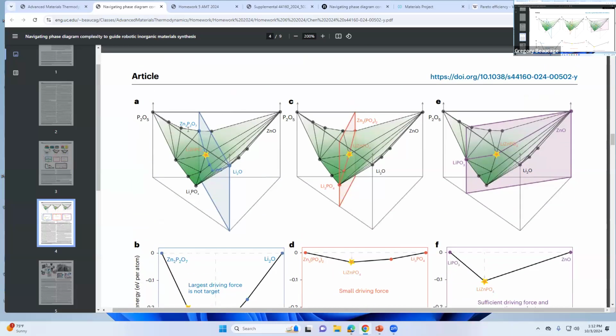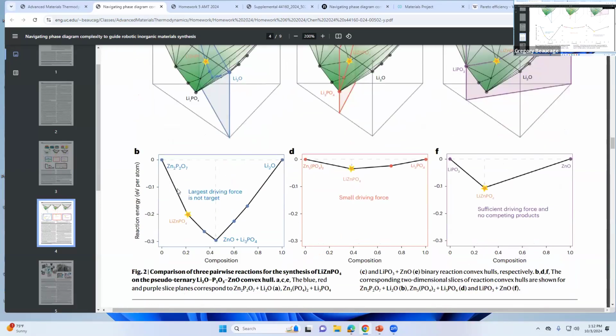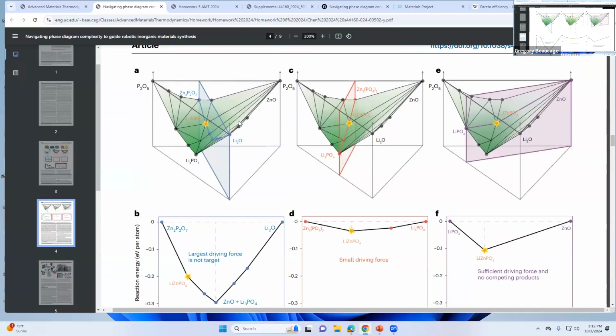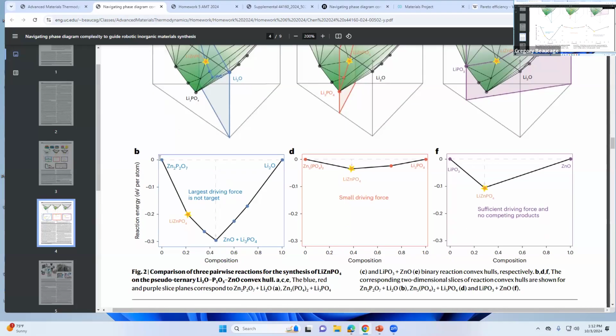But anyway, he's going to take slices out of this also and find out different pathways, so you could start from any oxide along any of these axes. So he's taking the blue one, the orange one, and the purple one as possible pathways. And he's using this as a demo to say this one has a huge driving force to the product to get to this lithium zinc phosphate, but along that pathway there's a lower one.